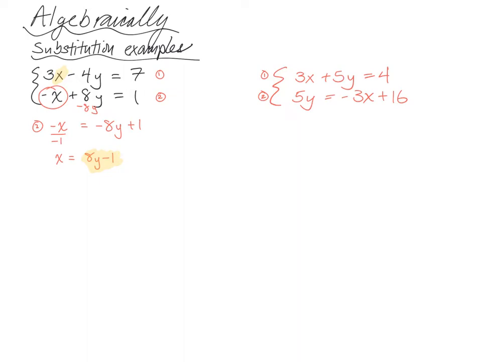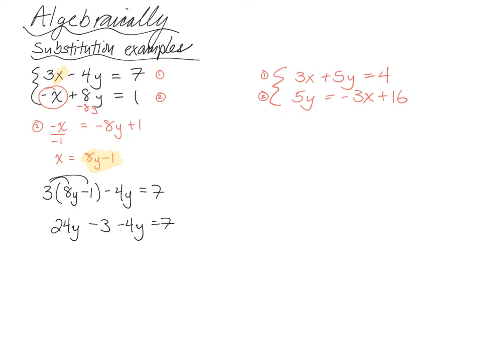So this will end up being 3 times 8y minus 1 minus 4y equals 7. From here, we can just solve for y pretty simply. That's 24y, that's -3. So this is 24y minus 3 minus 4y equals 7.